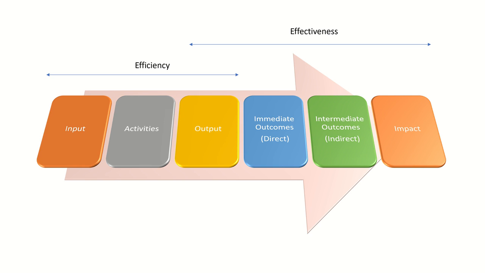There's several names that have been used for this. But yes, in this skill share, we'll focus on result chain, which normally starts at the input stage, which is what we put in, resources that we put in into a particular program.